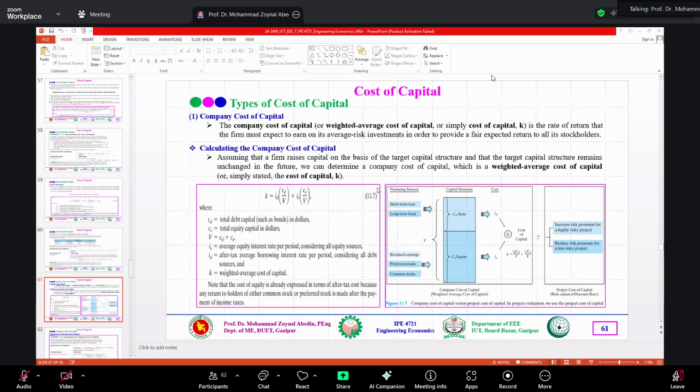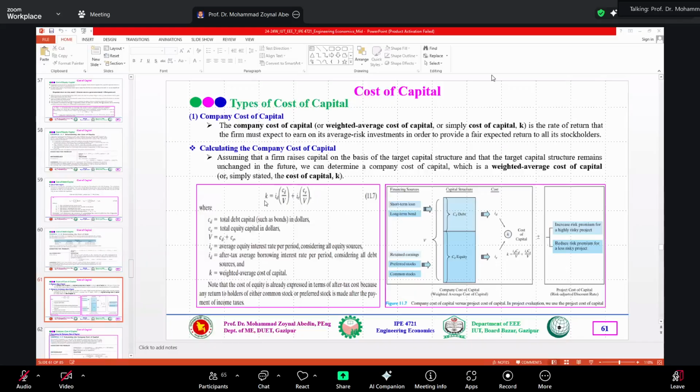Now, calculating the company's cost of capital: assuming that a firm raises capital on the basis of the target capital structure, and that the target capital structure remains unchanged in the future, we can determine the company cost of capital, which is the weighted average cost of capital, simply cost of capital, in this formula.